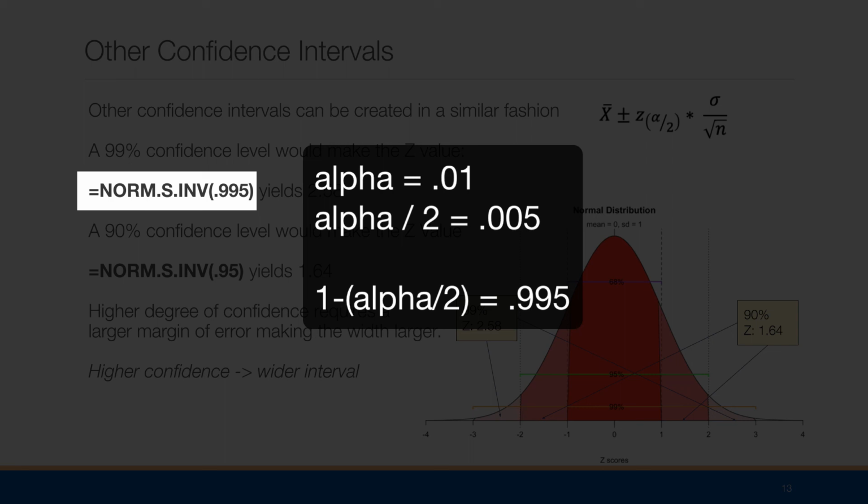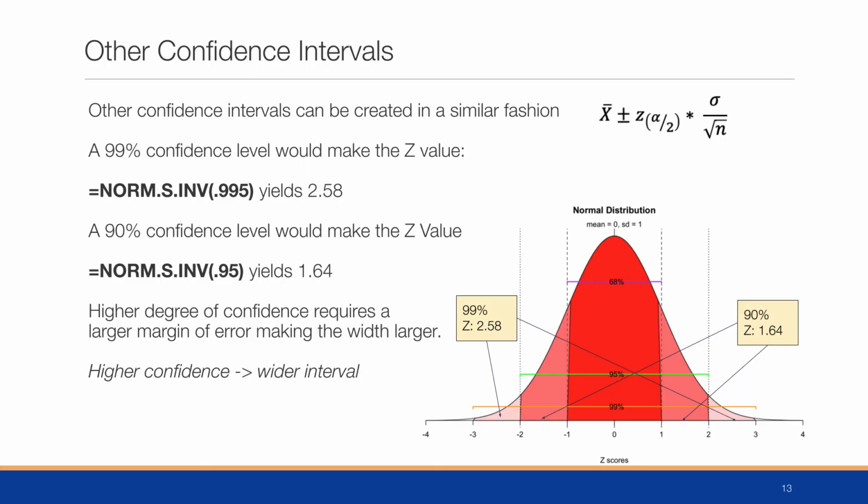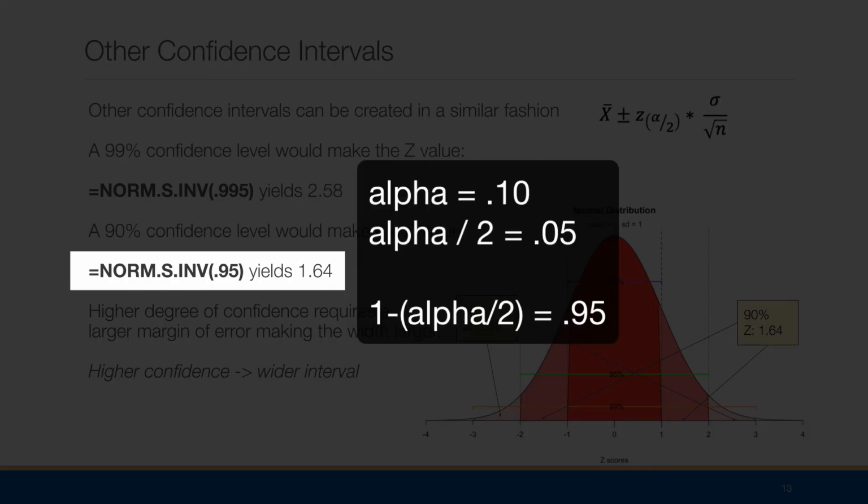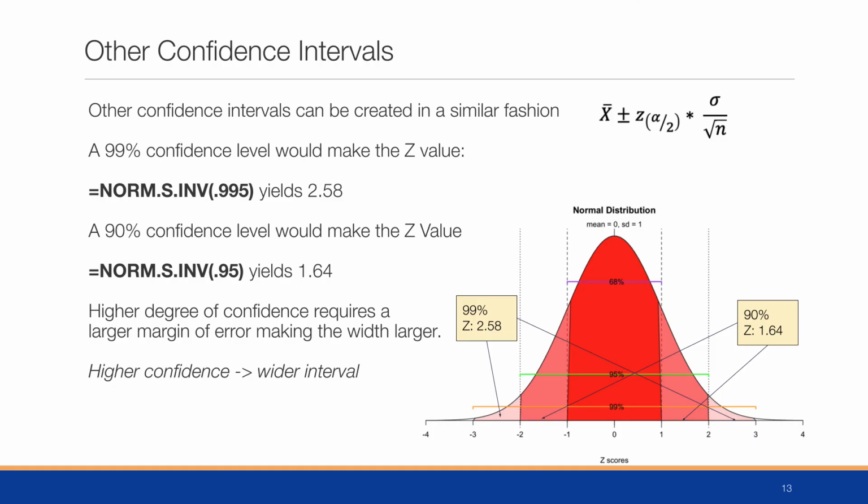And that basically gives us the norm.s.inv of 0.995, which yields 2.58. A 90% confidence interval would make the z-value 1.64. So to note, a higher degree of confidence requires a larger margin of error, making the width larger. So a higher confidence level is going to be a wider interval.